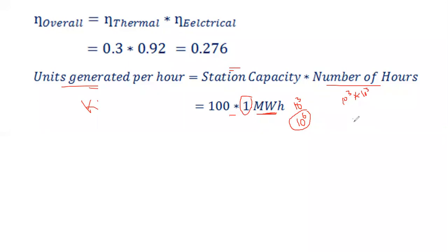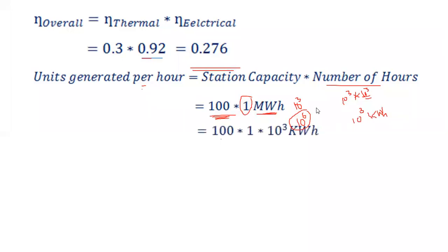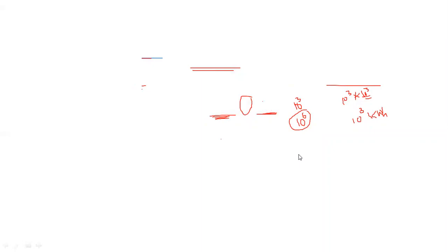Now we get 10 to the power of 3 into this, and we can represent it in terms of k. Now we get 100 into 1 hour into 10 to the power of 3 kWh. Finally we get 10 to the power of 5 kWh.